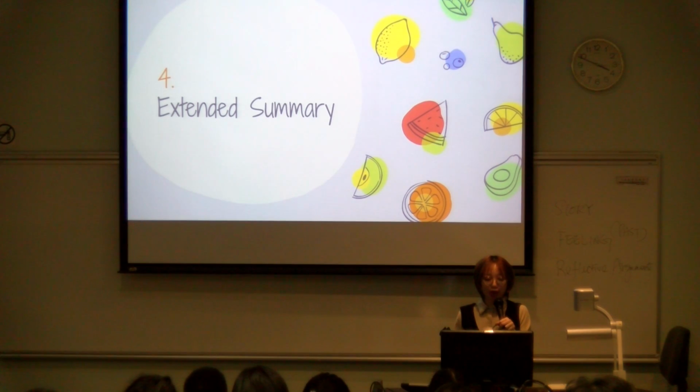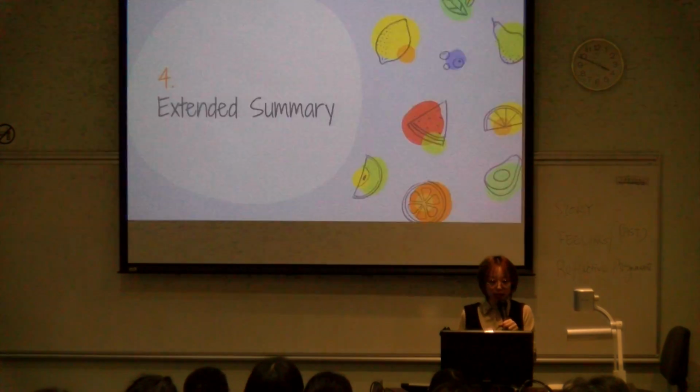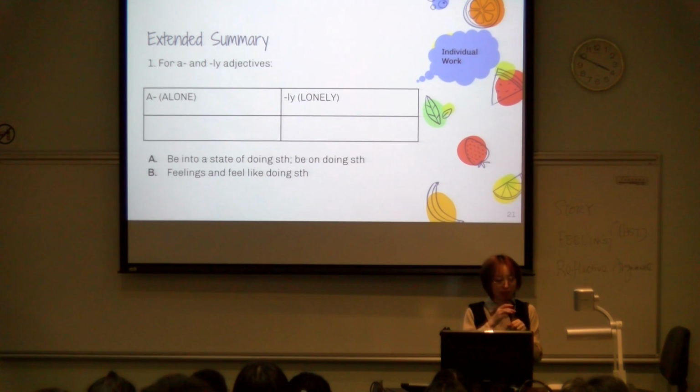And then we also offer an extended summary, that alone and lonely here are just a set of groups. Because a lot of adjectives have an affix with a or a suffix with ly. A lot of adjectives can be concluded or deduced here.